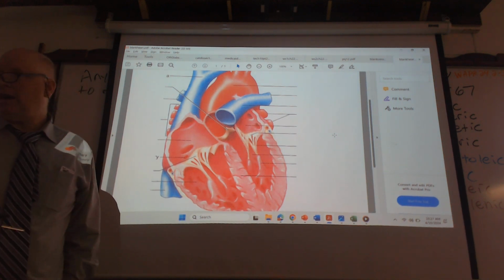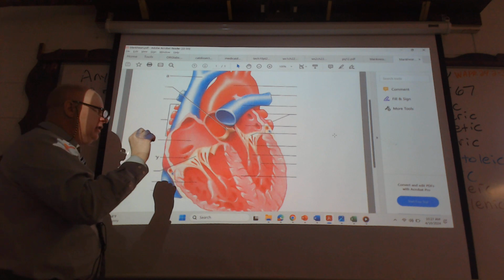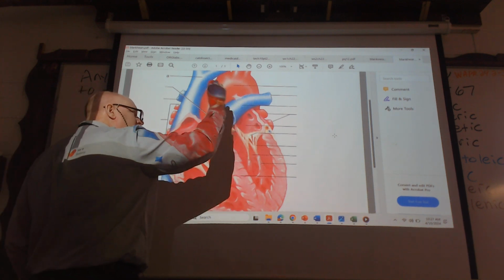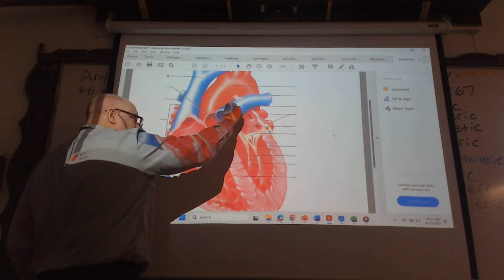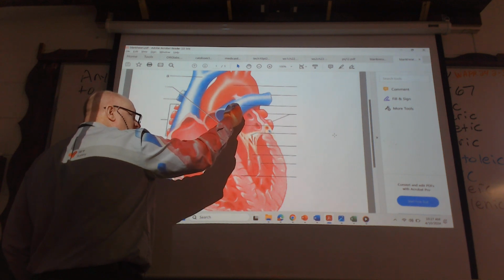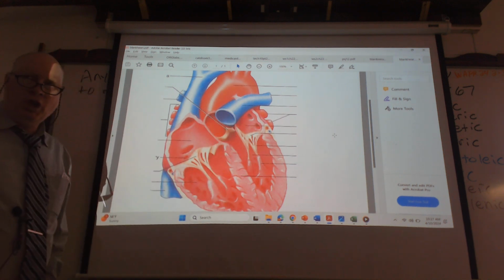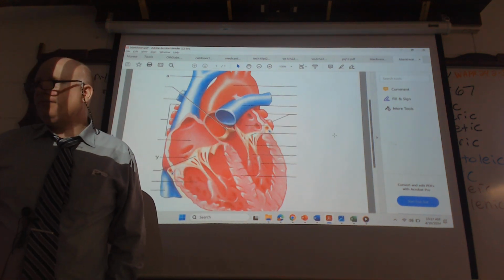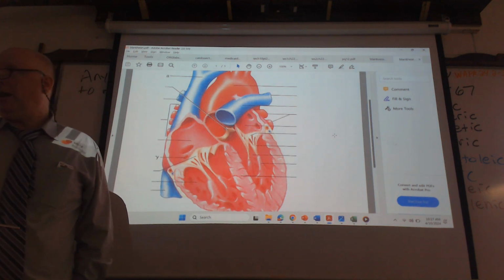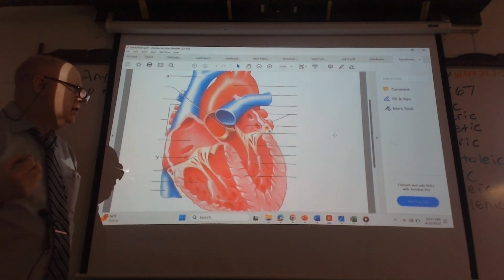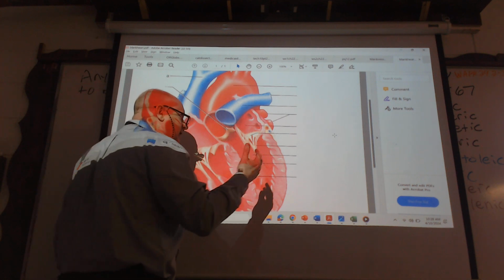It has lots of oxygen in it, okay? This is going away from the heart, so it has to be an artery, but yet it's blue in color because it's lower in what concentration? It's lower in oxygen content, okay? So this is how we decipher this.